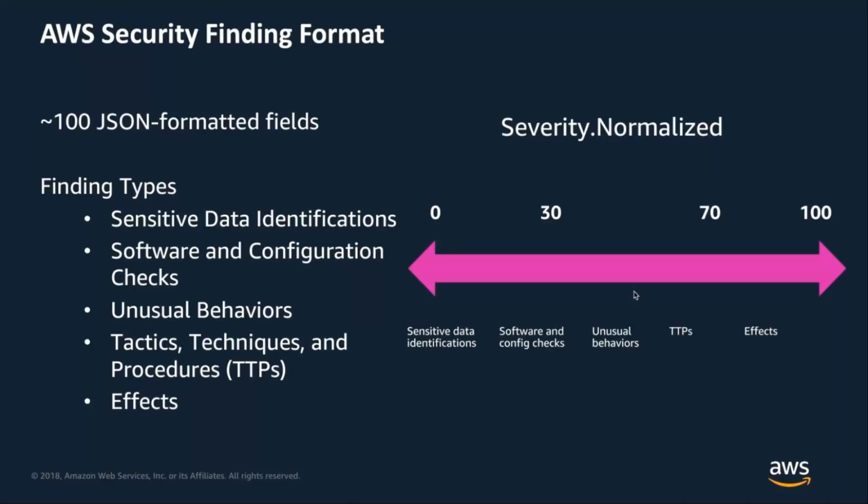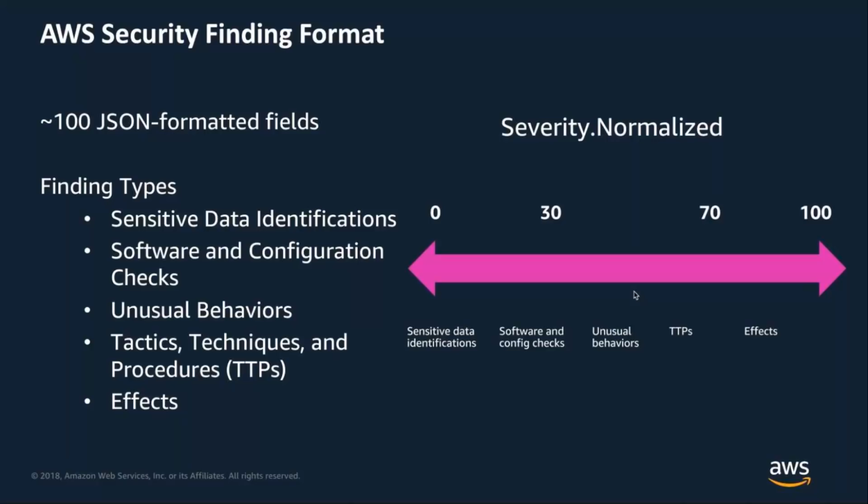Another hard problem that we're trying to address is how to normalize severity scores across different findings. So we've been working across our AWS services and with our partners to come up with a normalized severity scoring system.